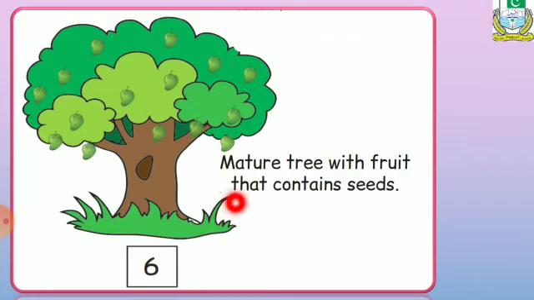Finally, we have a full grown tree and that is called a mature tree, and this tree contains fruits and these fruits have seeds inside. So finally we come back to the seed and that is step 6 of life cycle of a tree. And here we complete the life cycle of a tree.